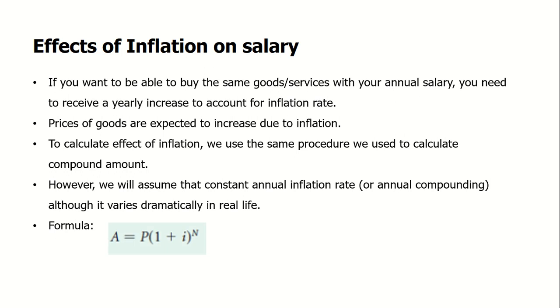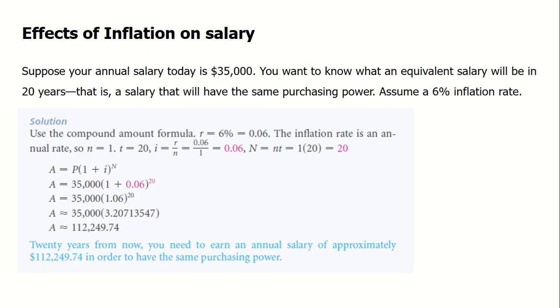So our formula, again, is the same as that of the compound amount. A will be equal to P times the quantity 1 plus i raised to the n. Let's apply that in an example. Suppose your annual salary today is $35,000. You want to know what an equivalent salary will be in 20 years.